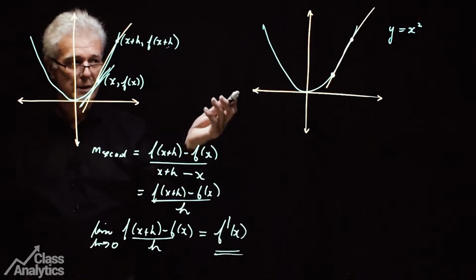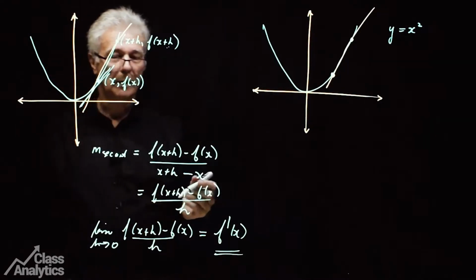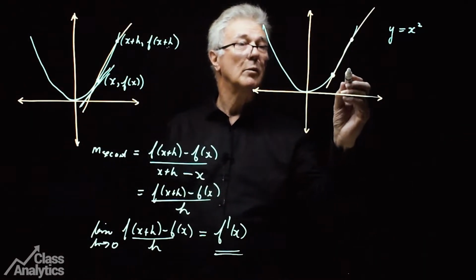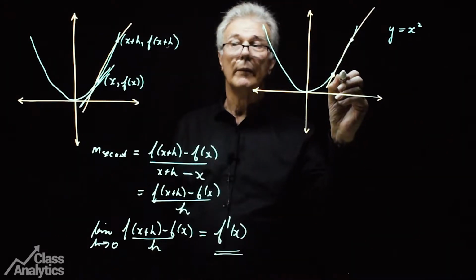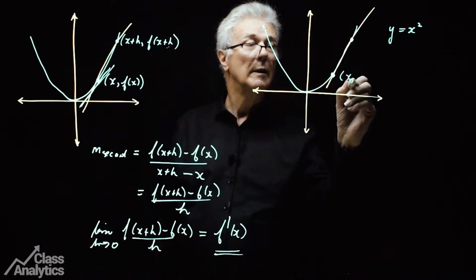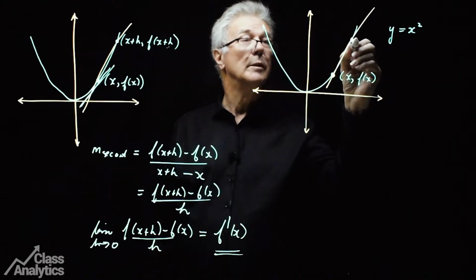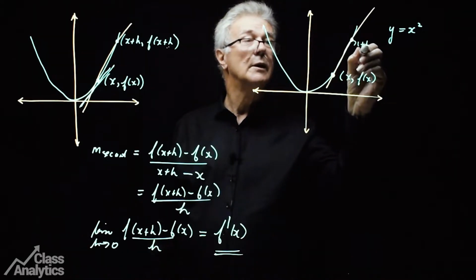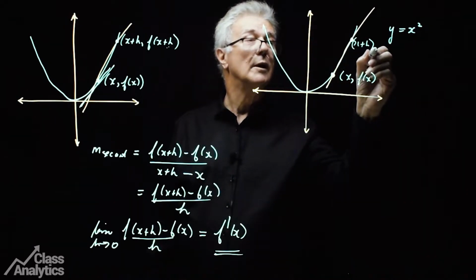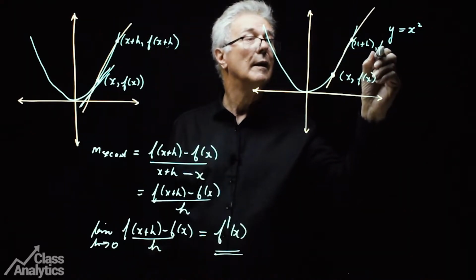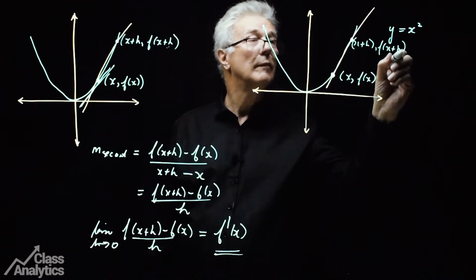Right, so how do we apply this to y equals x squared? Well, we'll do the same sort of thing. That's going to be function x, this will be x plus h, function x plus h.